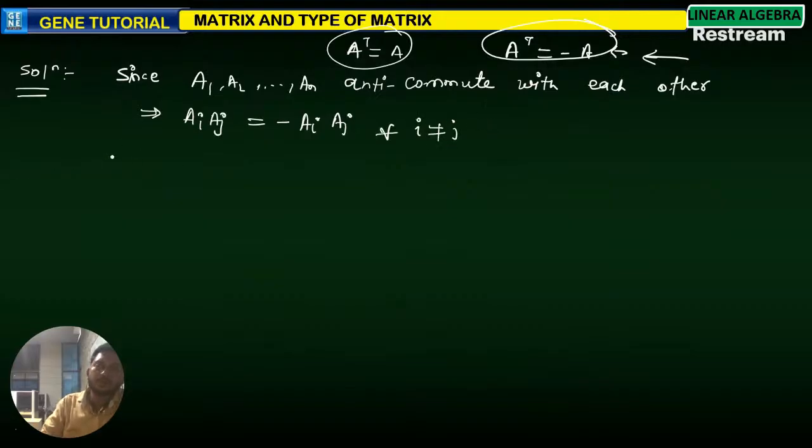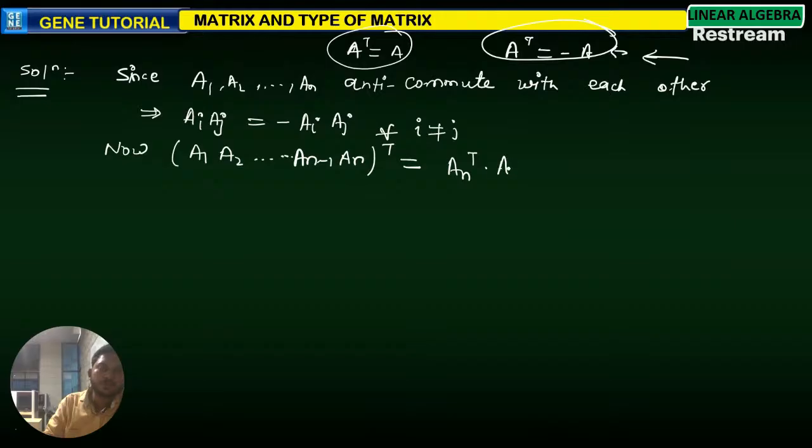Now take (A1 A2 ... An-1 An) transpose, which is equal to An transpose, An-1 transpose, ..., A2 transpose, and then A1 transpose.